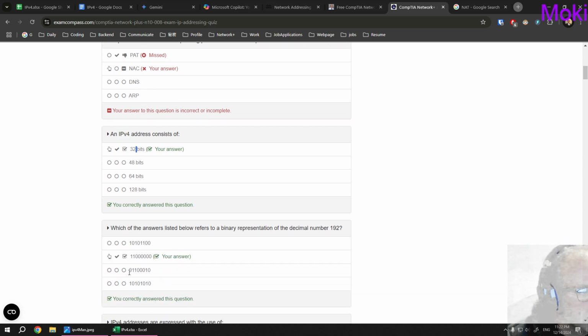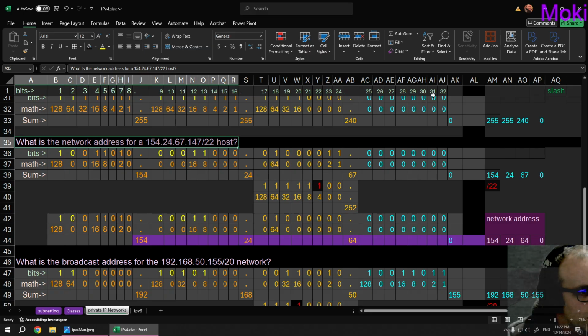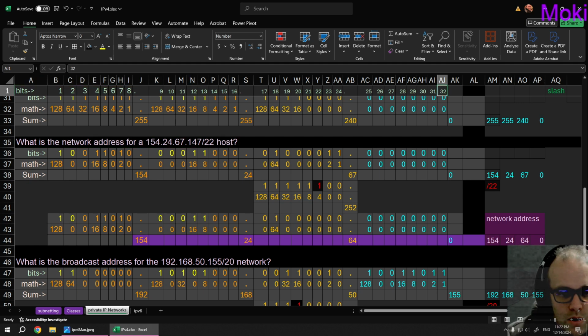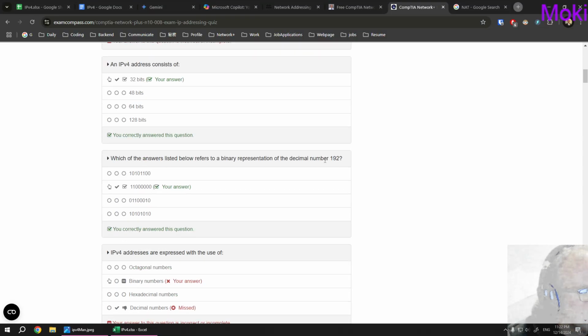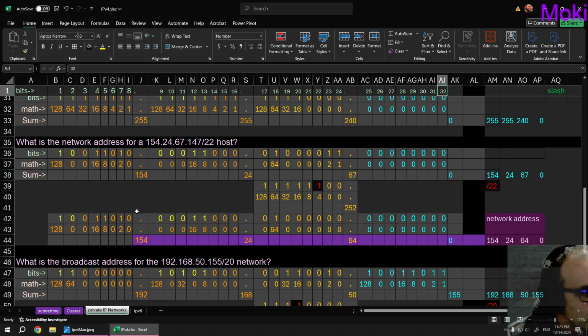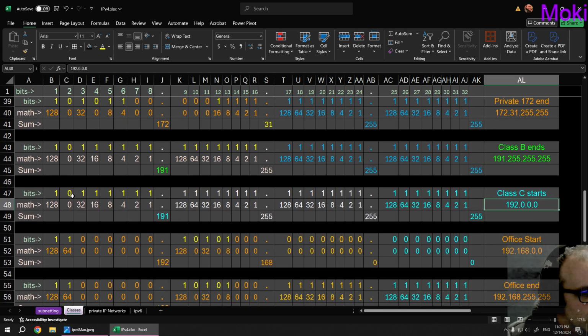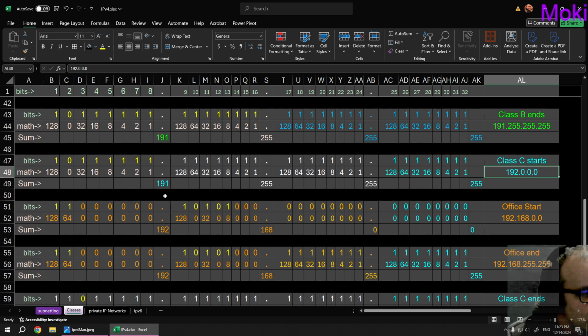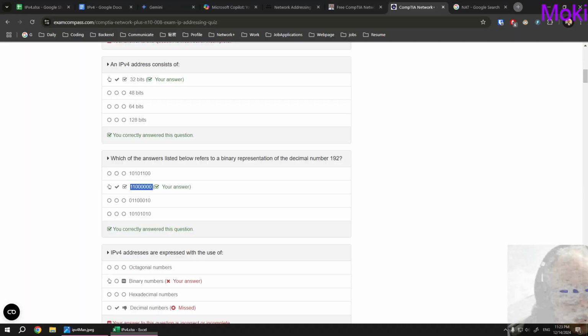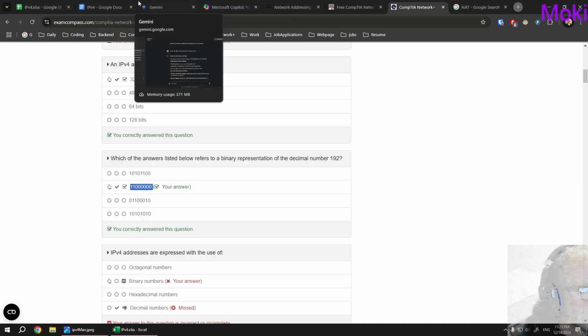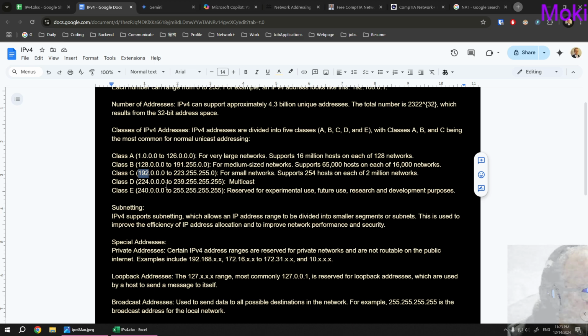IPv4 has 32 bits. You gotta remember it's 32 bits. Remember 192.168, so that's 1, 1, and then all zeros. Class C starts at 192.